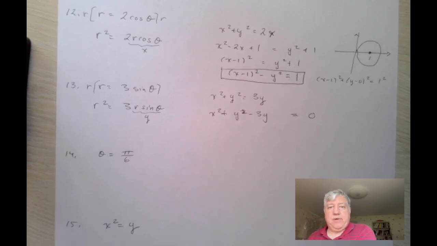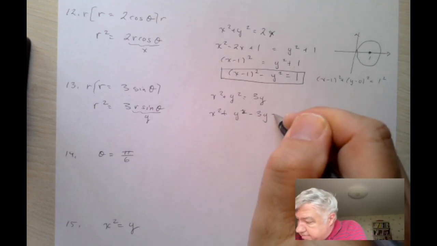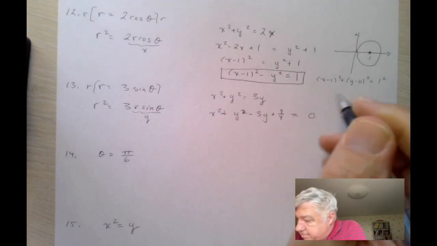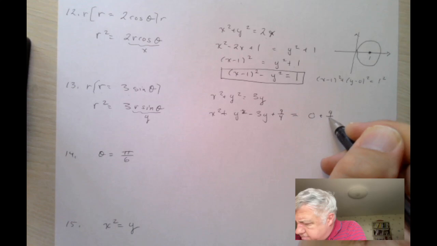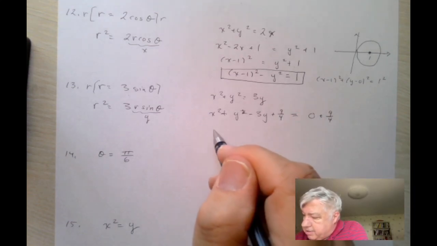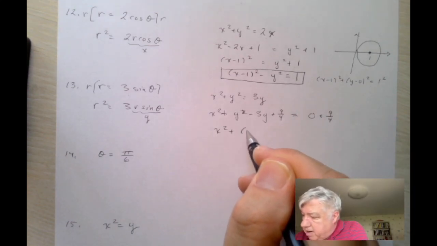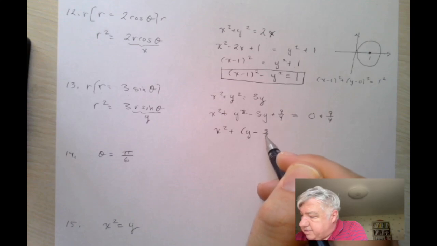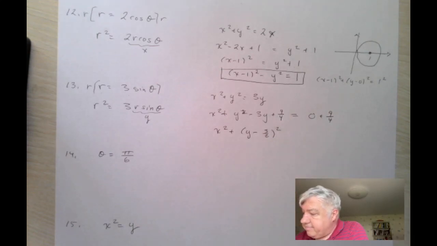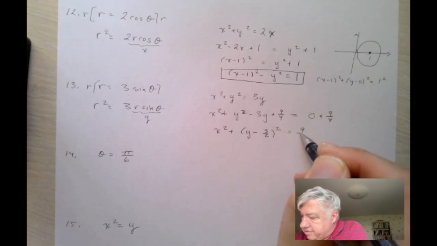Negative 3 divided by 2 is negative 3 halves, and squaring it gives 9/4. So you get x squared plus y minus 3 halves squared equals 9/4.